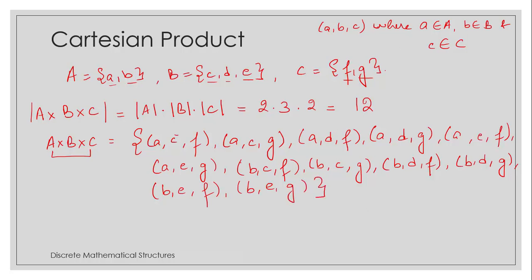Now here you can see we have 1, 2, 3, 4, 5, 6, 7, 8, 9, 10, 11 and 12. We have 12 elements.